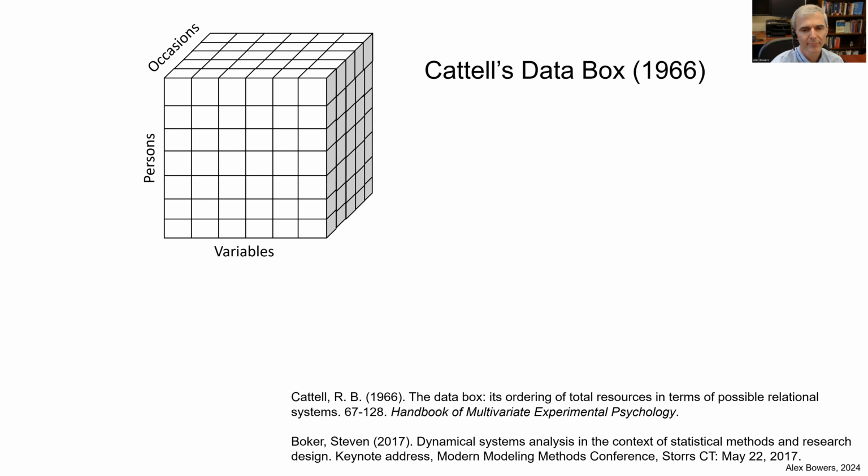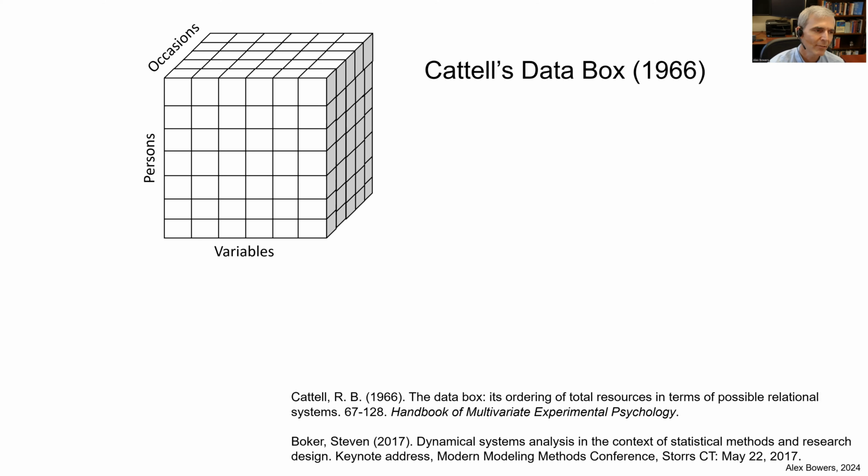So let's start first with where I usually like to start these kinds of conversations. I really like this paper by Cattell in 1966. So we'll go back in time a little bit and think about Cattell's data box. In this paper in 1966, Cattell had this idea that let's think about data as a data box.